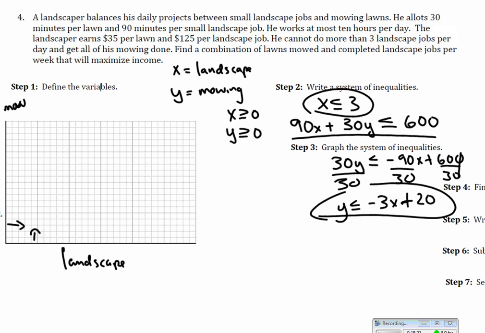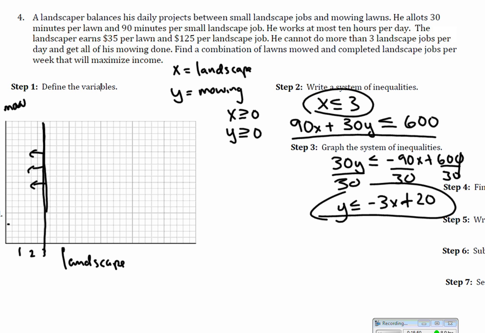All right, so let's clear this up a little bit. Let's go every 2 blocks is 1. So every 2 squares is 1. There's 1, there's 2, there's 3. Ooh, let's make that straight. So that's got to be less. The last one is negative 3x plus 20.